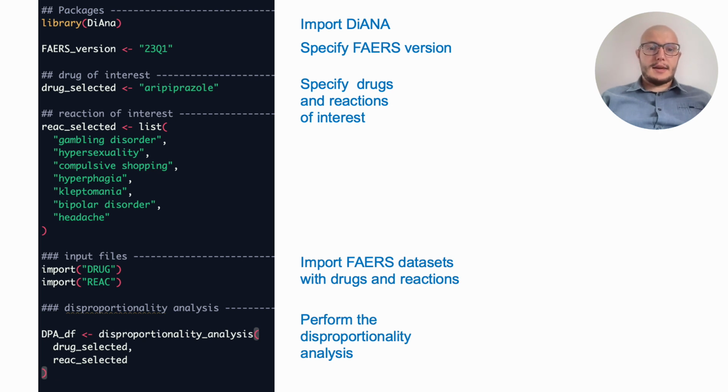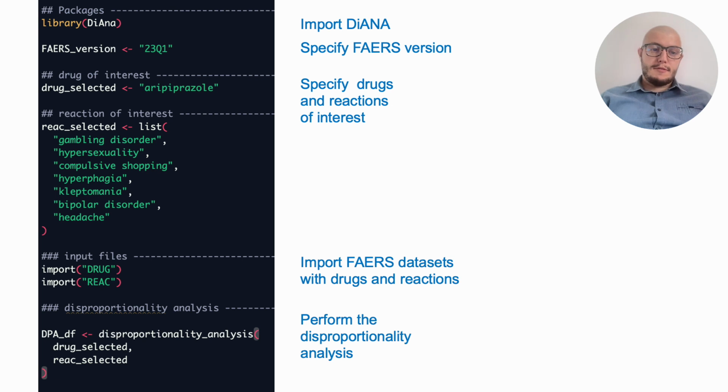Then we specify the drug of interest, aripiprazole, and the reactions of interest that are gambling, hypersexuality, compulsive shopping, hyperphagia, and kleptomania, five impulse control disorders, but also one well-known adverse reaction to aripiprazole, that is headache, and one of the indications for using aripiprazole, that is also a risk factor for impulsivity, bipolar disorder. And this is to show also some positive and negative controls.